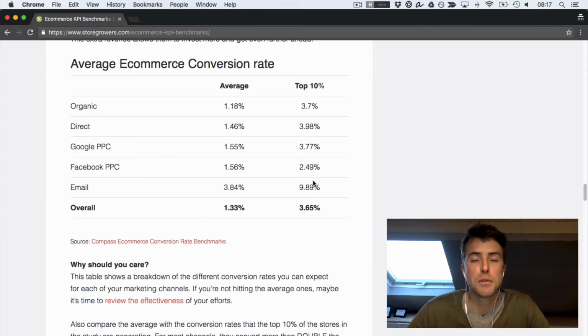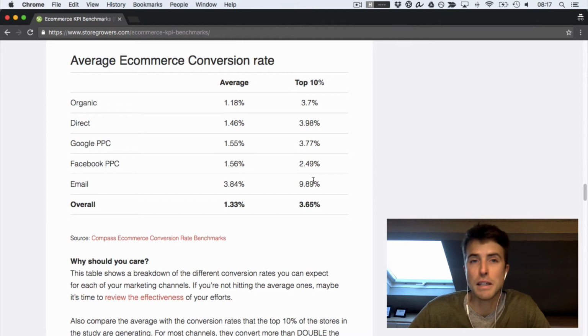So how do you transfer these benchmarks to your own store? Well, I would put your numbers for your different traffic sources next to them. And like I said in the beginning of the video, your numbers will be different because of a variety of things. Maybe it depends on your market. Maybe your market is more mature or less mature.